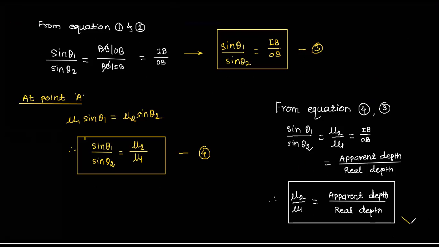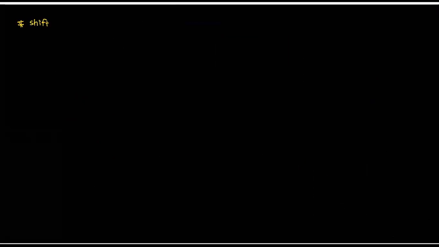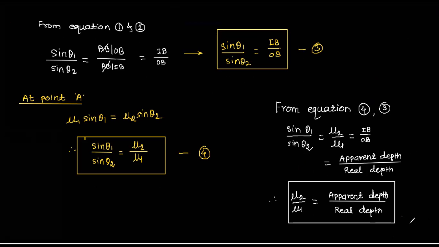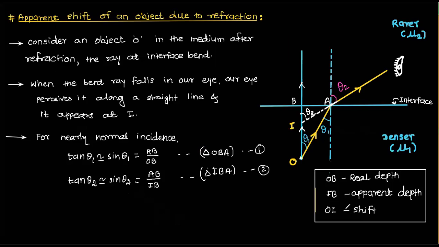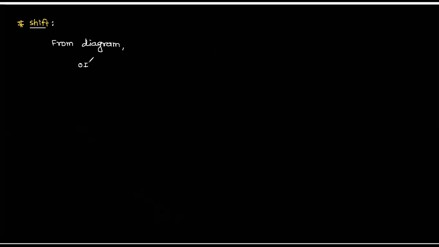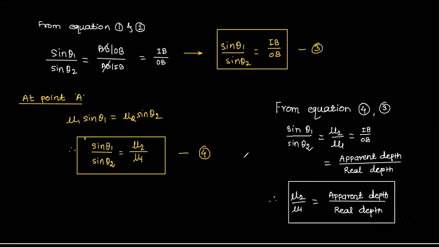From the diagram, OI is equal to OB minus BI.